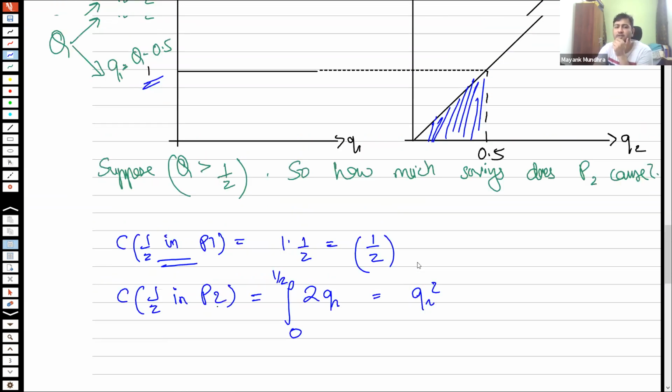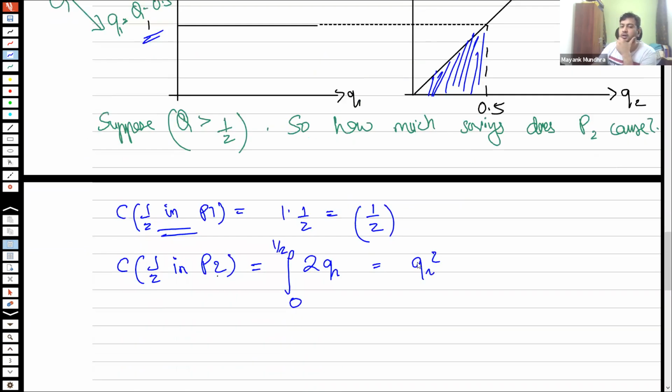Rather, they have already given you the cost function, so you can put it there. But the point is, this is the cost. For this discussion right now, I'm assuming fixed cost is 0. Right now, don't think of fixed cost. I'll introduce it. Right now, I just want to say in variable terms, what is the benefit of producing this half unit in plant 2? Going from 0 to half, that is equal to 1 by 4. So right now it's costing 1 by 4 rupees to produce in plant 2.